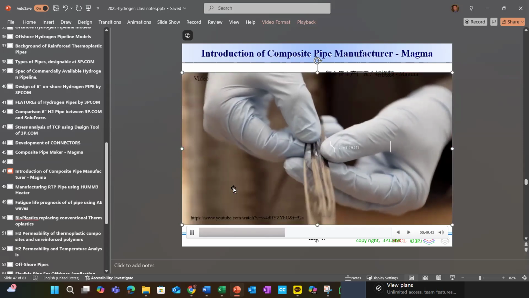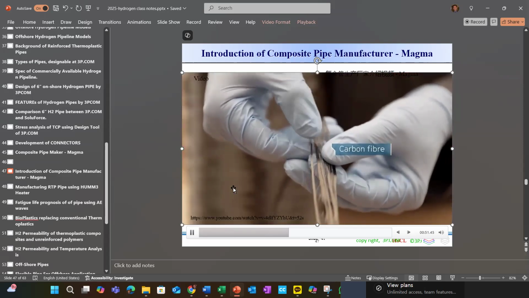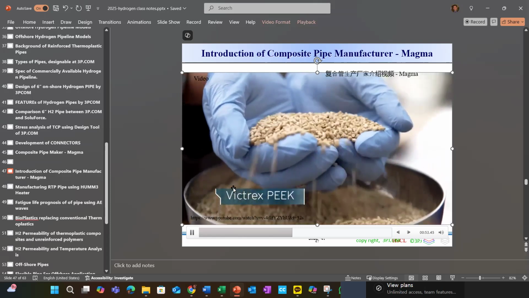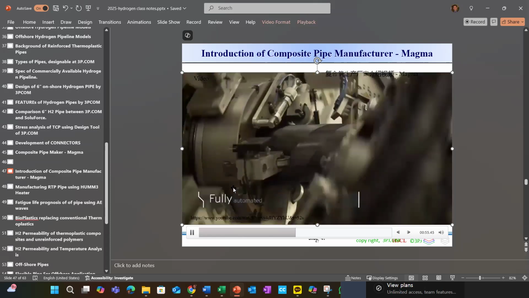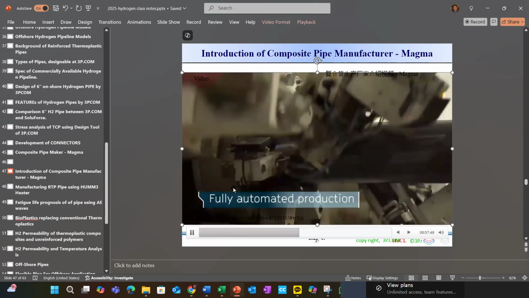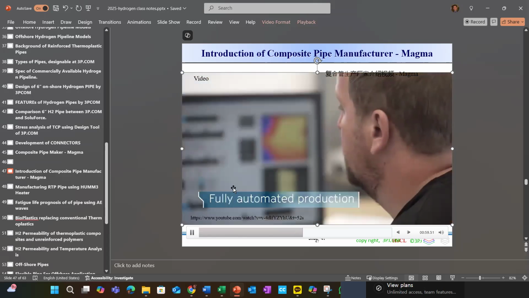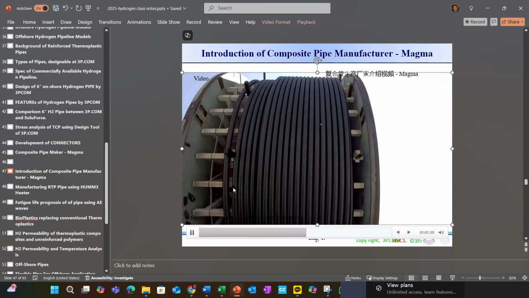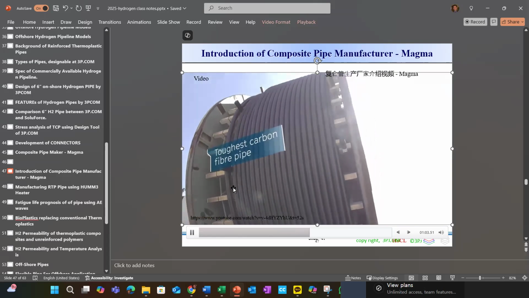We combine carbon fiber with the most advanced oil field polymer, fusing them together using robots and lasers. The result is the world's toughest carbon fiber.